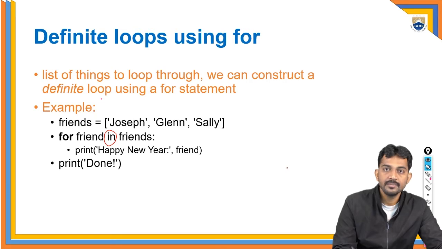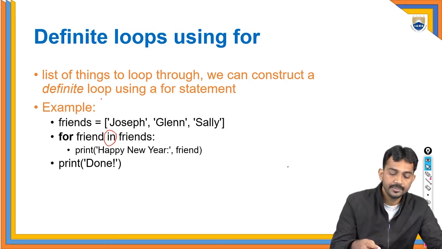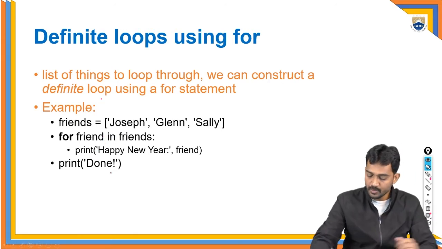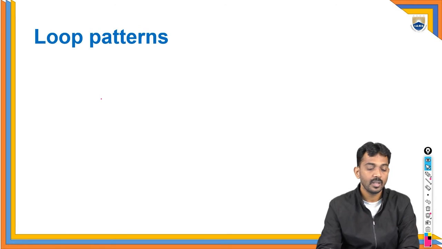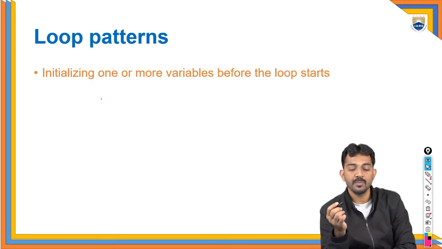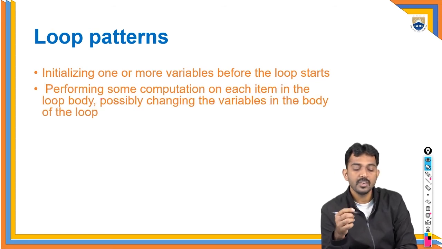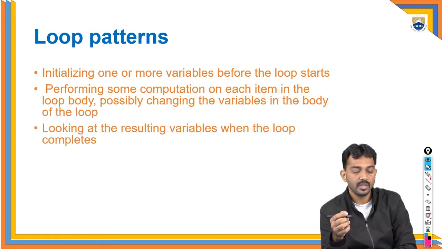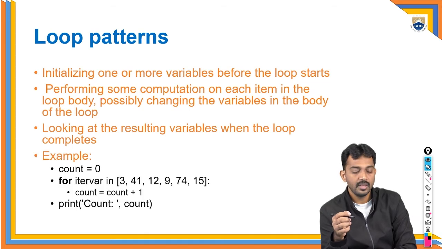Is this clear? If you observe here, the loop pattern: initializing one or more variables before the loop starts, performing some computation on each item in the loop body, and looking at the resulting variables when the loop completes.